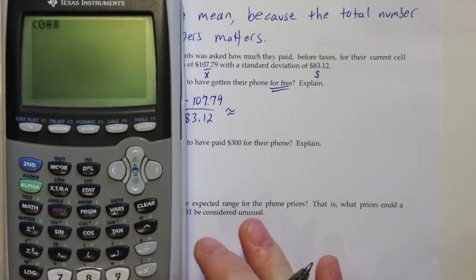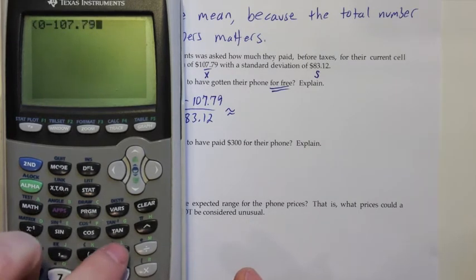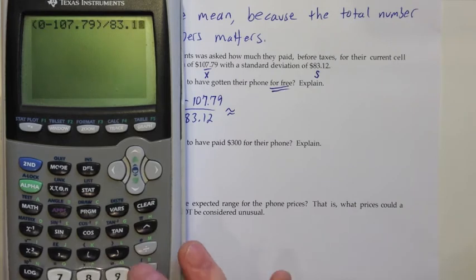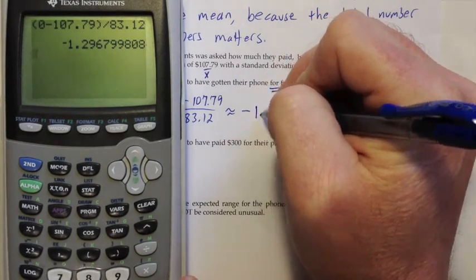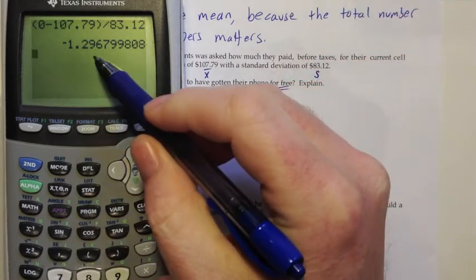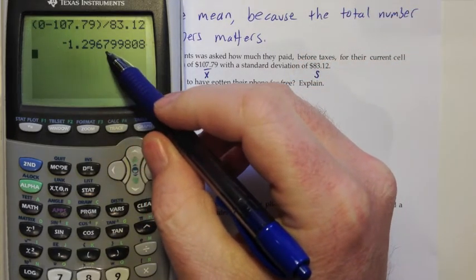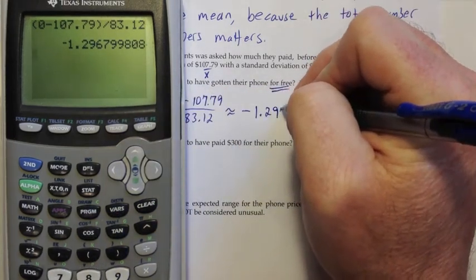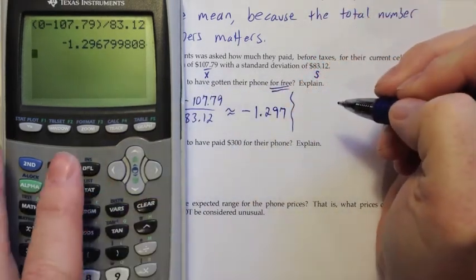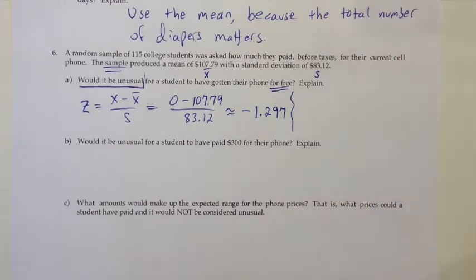So 0 minus 107.79 divided by 83.12 gives a z-score of negative 1.29, and then it's 6, but that's followed by 7, so I'd write 1.30 there. So there's my work, and then would it be unusual?